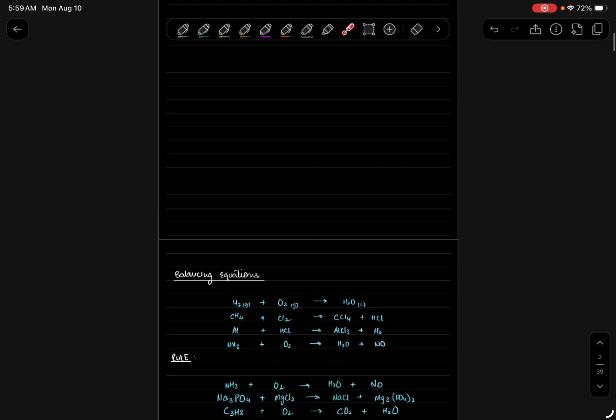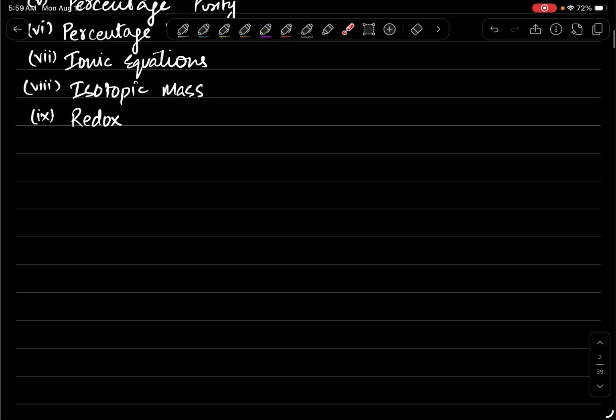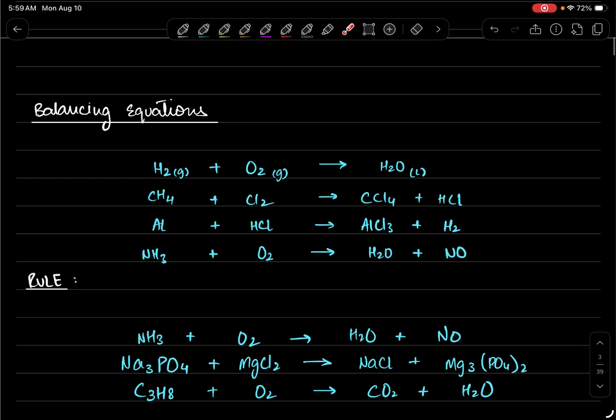So let's kick off with the first topic, which is balancing equations. We will learn how we actually balance equations. Now, equation balancing is a very simple task, right? However, some equations are really tricky, so you've got to use some method to figure it out.